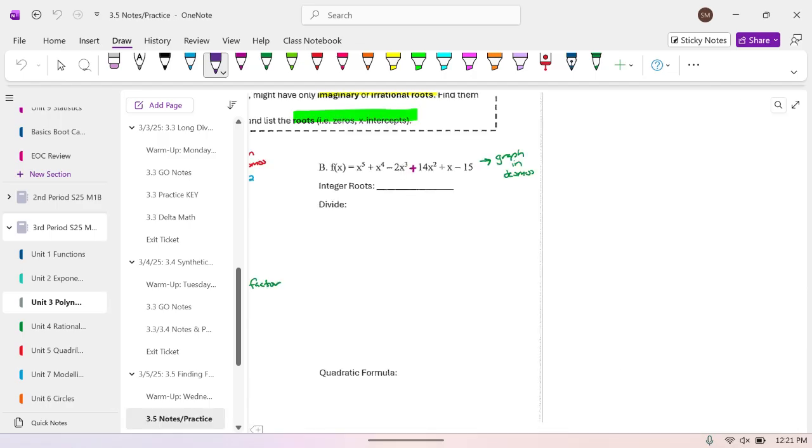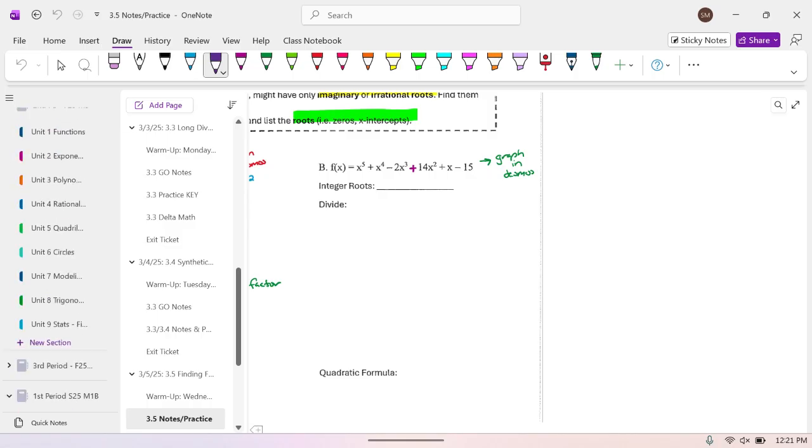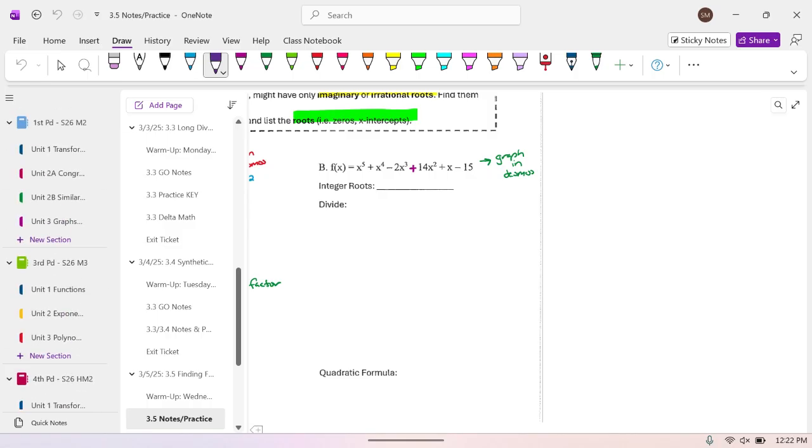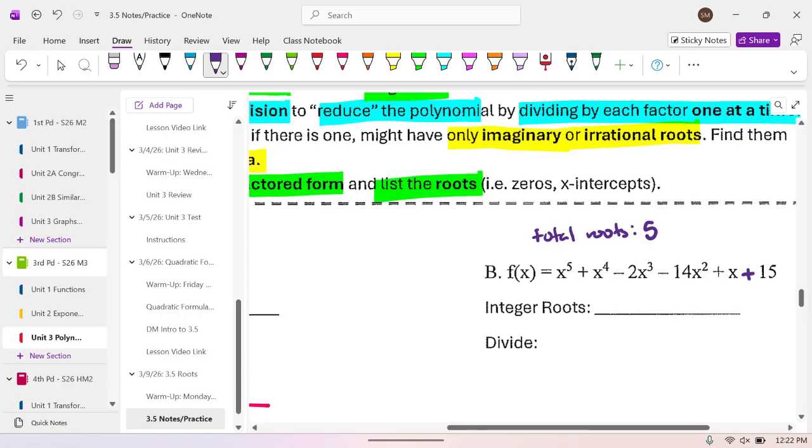Okay, here's the typo. It's not the 15 that has to be positive. It's the 14x squared that has to be positive.